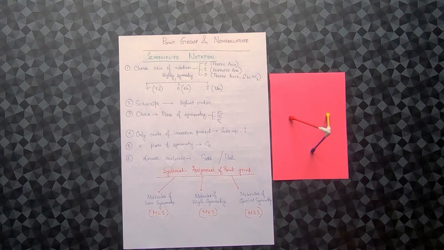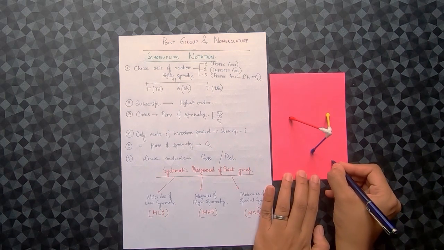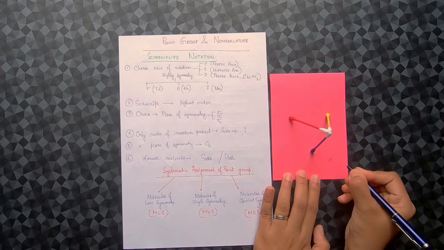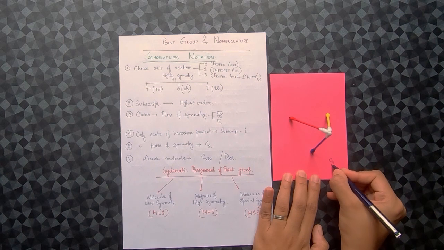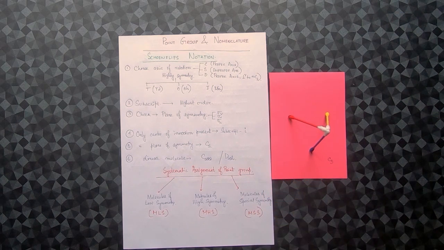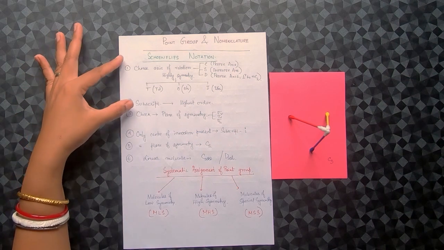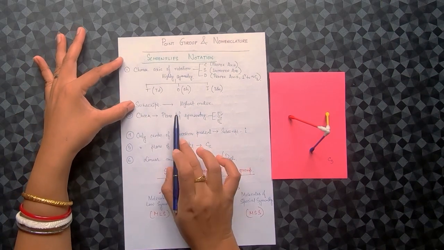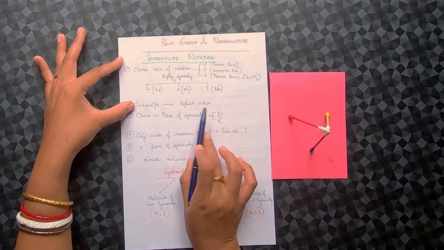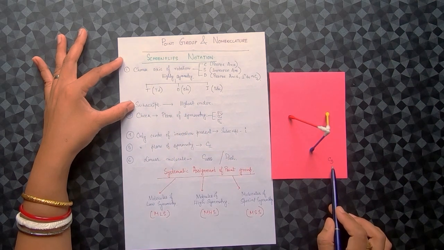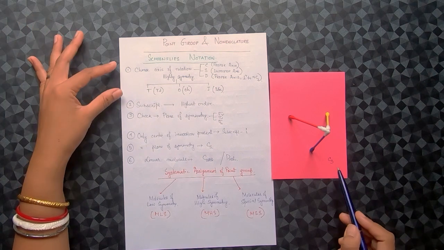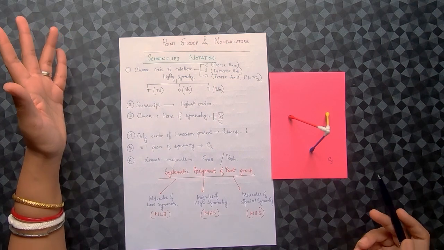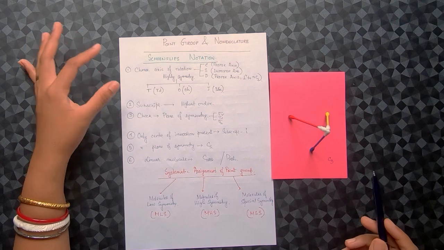So what we are going to write? First, proper axis we have chosen, that is C, and what is the order? It is 3, C3. Then we have to go for the next part, that is the subscript, which is the highest order. The highest order I have already written, that is 3. We have only one kind of rotation, so it is 3.